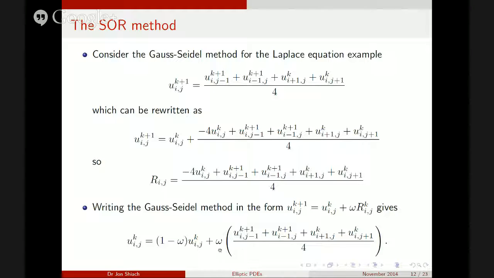But since we're multiplying omega by R, we want a weighted sum, so we have a 1 minus omega applied to our current estimate. When omega is 1, this first term is 0, just disappears, and we have 1 times the Gauss-Seidel method. If omega was 2, this would be minus 1 times the current estimate plus 2 times the Gauss-Seidel estimate. So you can see changing the value of omega changes how much of the Gauss-Seidel method we're applying.